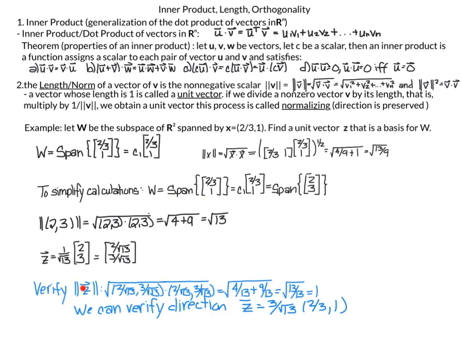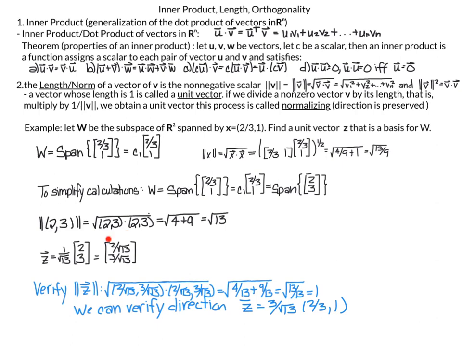And then last, again, we can verify the length of z is equal to 1, and also we can verify the direction. So the direction of z is just a scalar multiple of v. The way I figured out what scalar multiple, just looking at this, to go from 1 to 3 over square root of 13, the scalar multiple must be 3 over square root of 13.